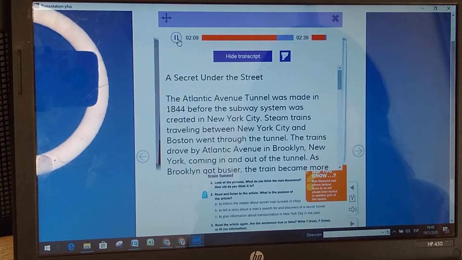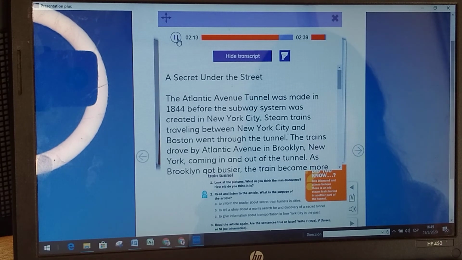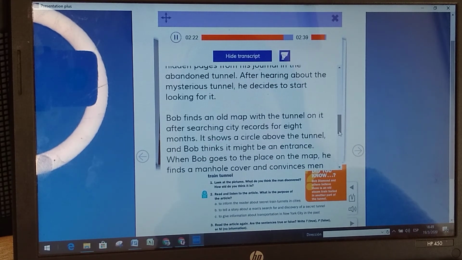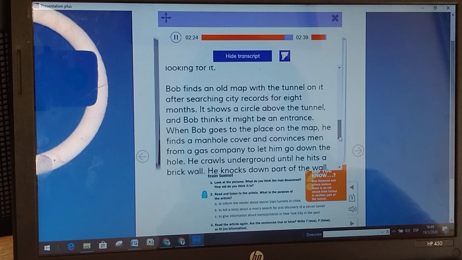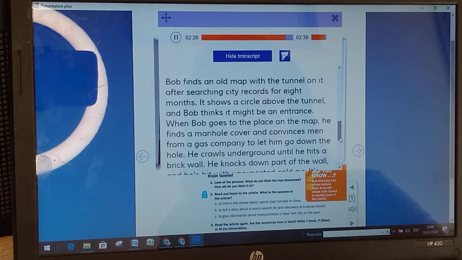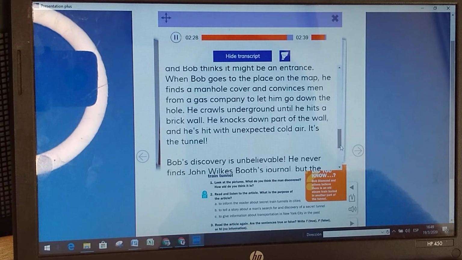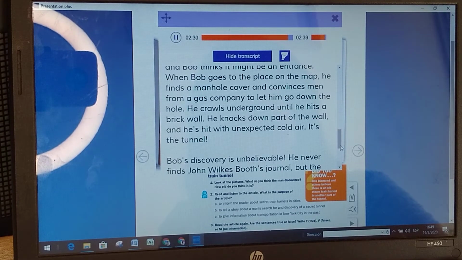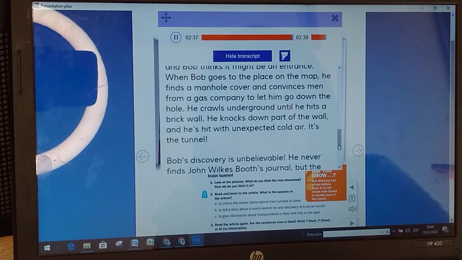He never finds John Wilkes Booth's journal, but the tunnel is exciting enough. After the news spreads, he becomes a local hero. The city puts him in charge of the tunnel. He starts giving tours and also starts the Brooklyn Historic Railway Association. As soon as he found the tunnel, he knew he had to share it with others, and he wants to make this unknown city secret known to all.